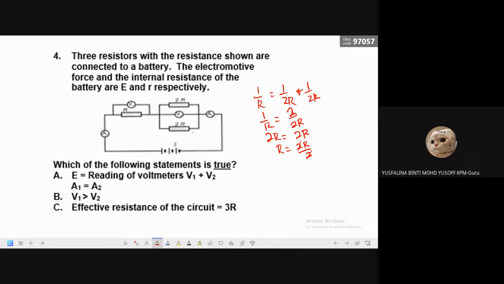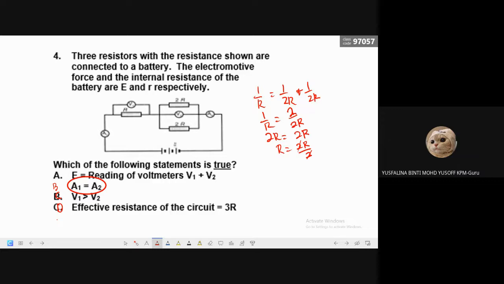Of course, because it's series, right? So I think the answer is, the effective resistance of the circuit is 3R, wrong. 2R plus R is not 3R. So this one got B, C, D. A1 equals A2, the reading of voltmeter V1 equals V2.